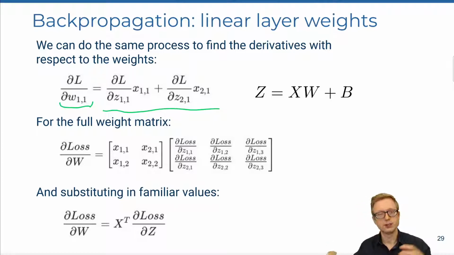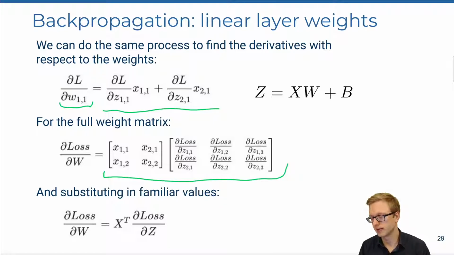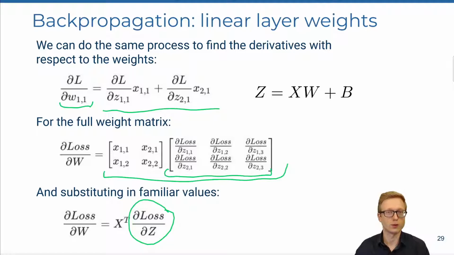And if we do this for the whole weight matrix, we can again break it up into two parts, into a dot product of two different matrices that look like this. And once again, these are familiar matrices to us. So this one here is again the partial derivative of the loss with respect to z, which is the one that we assume that we get from an upper layer.